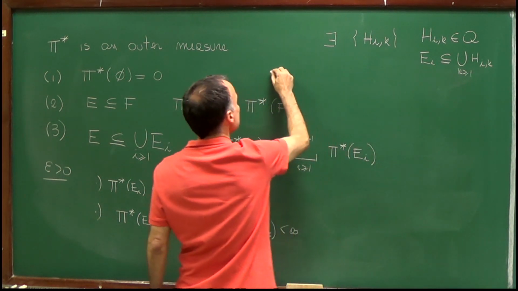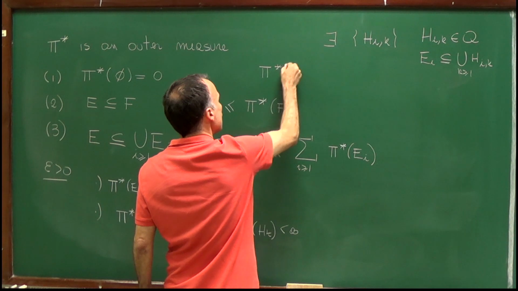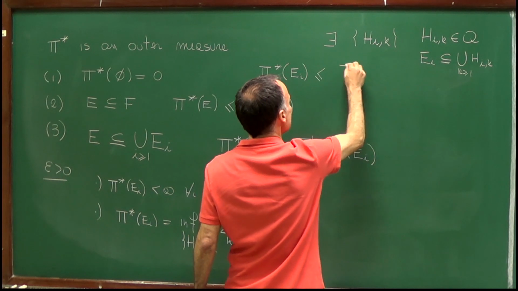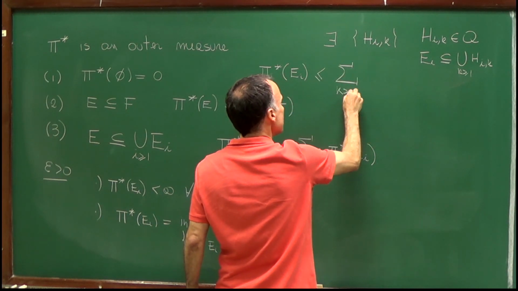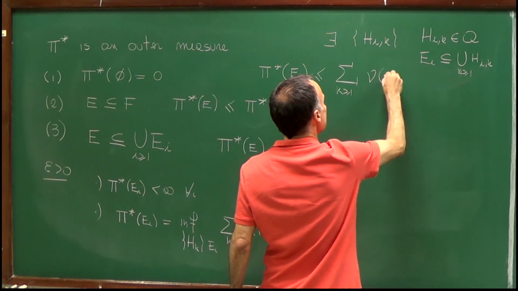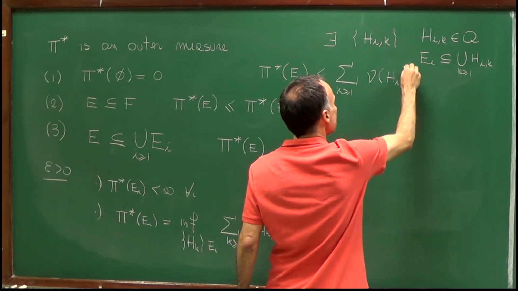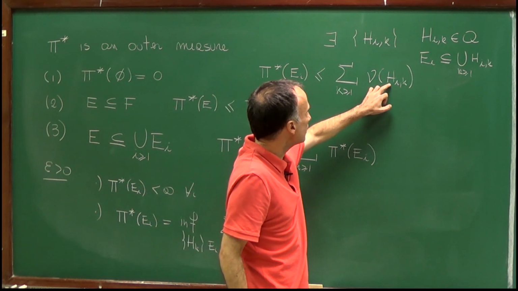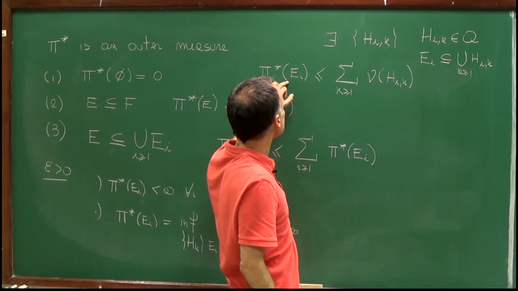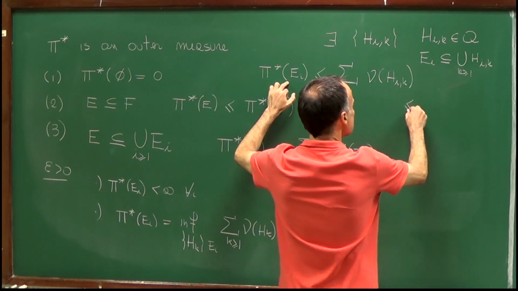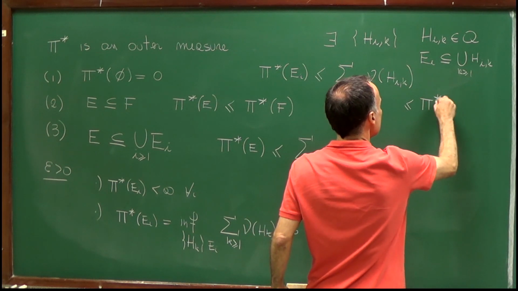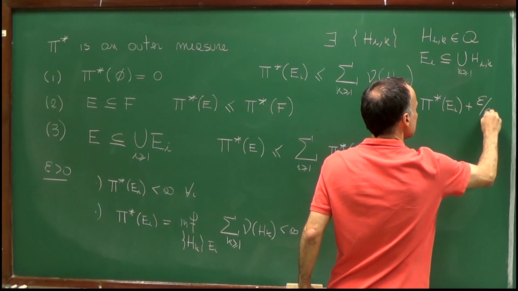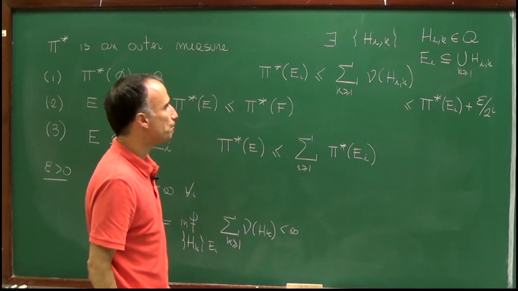And P star of E_i, which is the infimum, is therefore less than or equal to the sum over k of nu of H_ik. But this covering of the set E_i almost attains the infimum, in the sense that it's less than or equal to P star of E_i plus, let's say, epsilon over 2 to the power i.